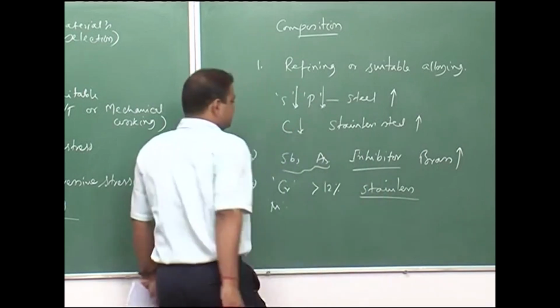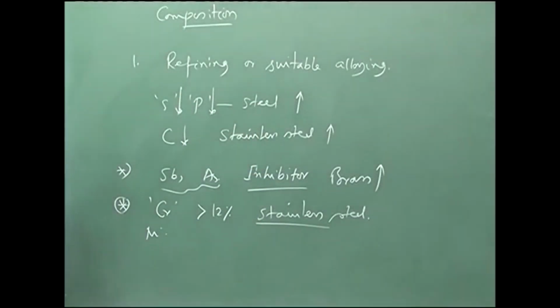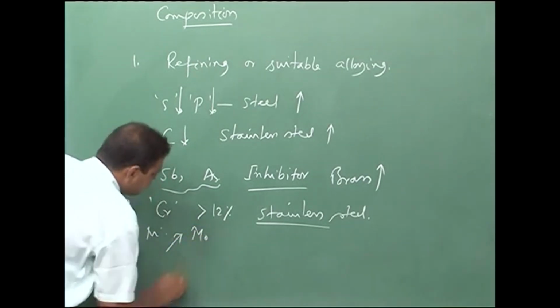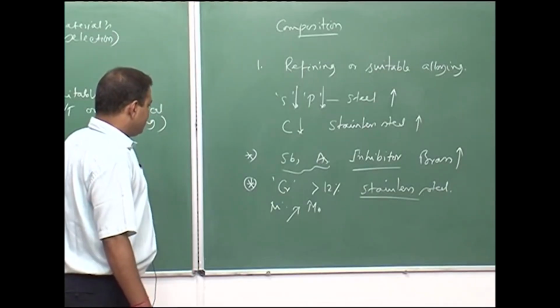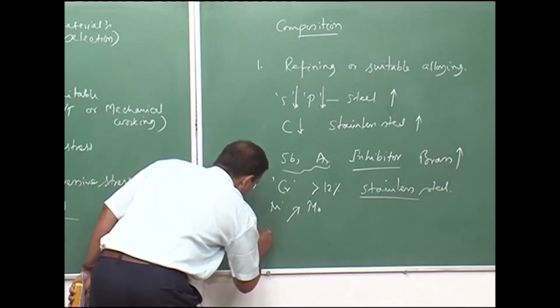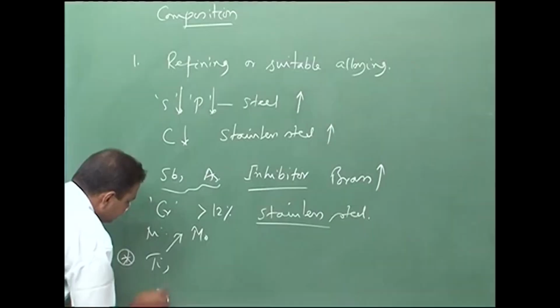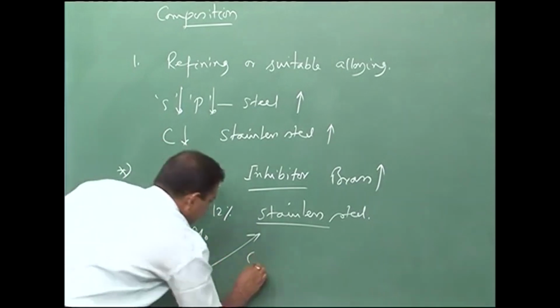So, this is stainless steel, or even we can think of adding molybdenum into it. If we add molybdenum, we can further improve the stainless property of the steel. Now, we can also add carbide stabilizers, for example, titanium, niobium. If we add them to stainless steel, they act as carbon stabilizers.